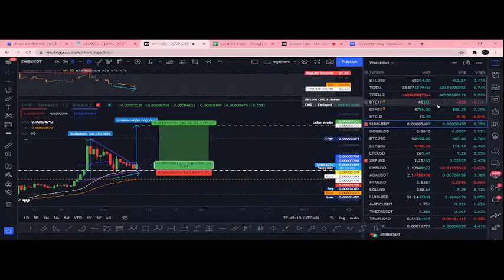Then we'll move on with the rest of the cryptocurrencies. Maybe BTC, and then the rest of the alts.